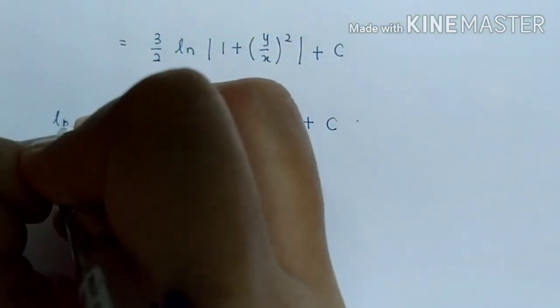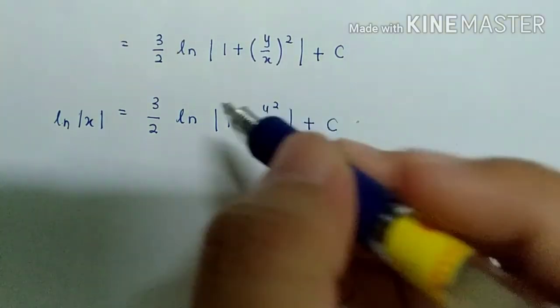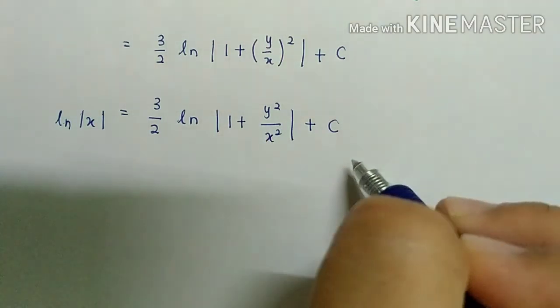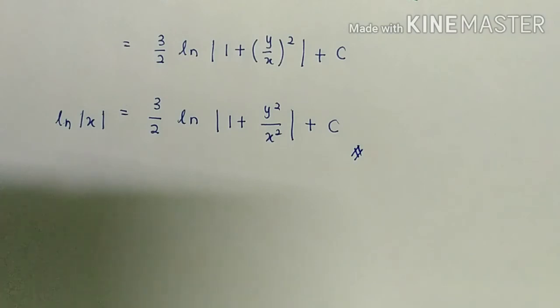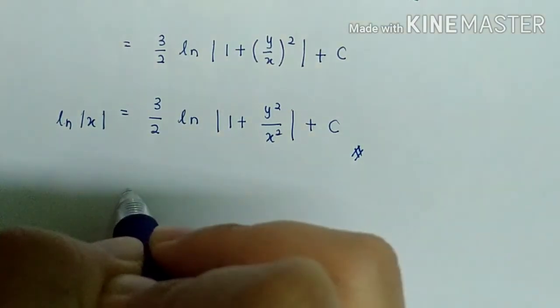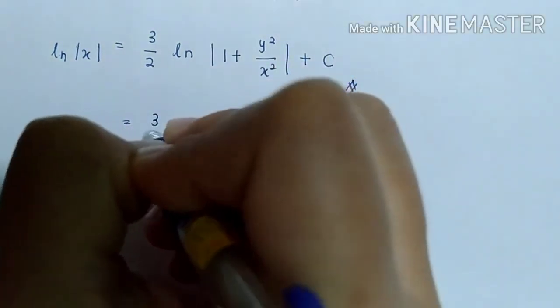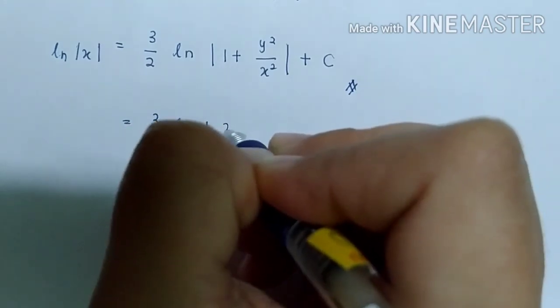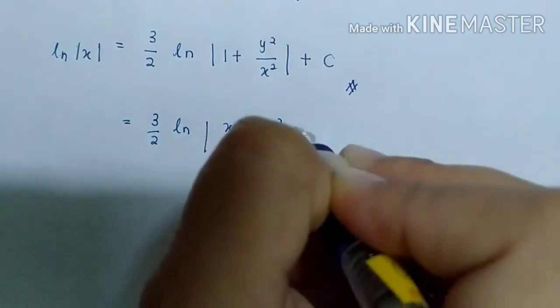And for the left side we have ln x just now. Alright, so you can leave your answer like this, or you can simplify again. If you want to simplify, you can get x square plus y square over x square plus c.